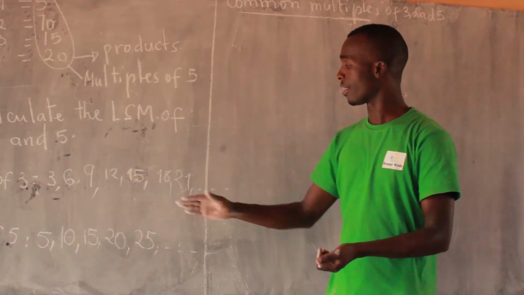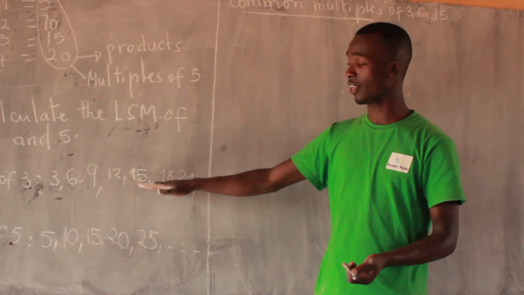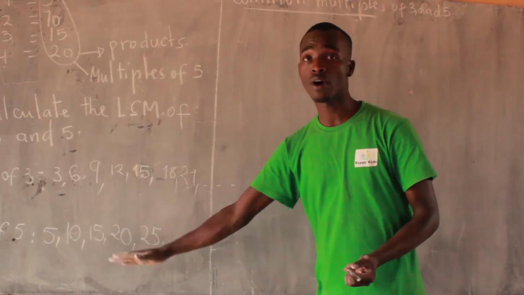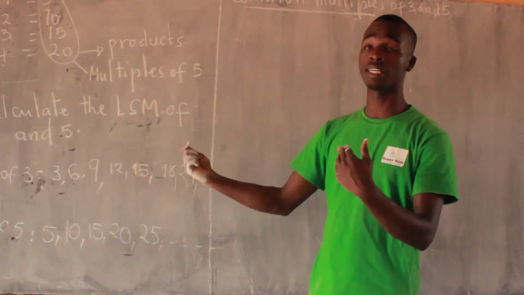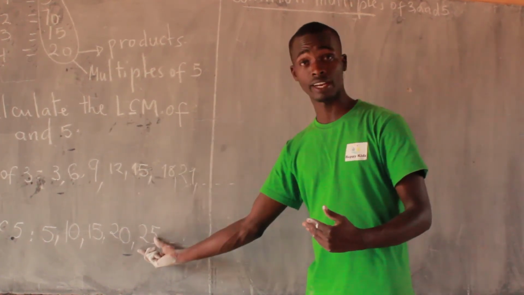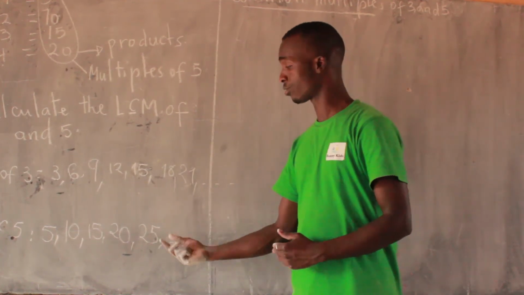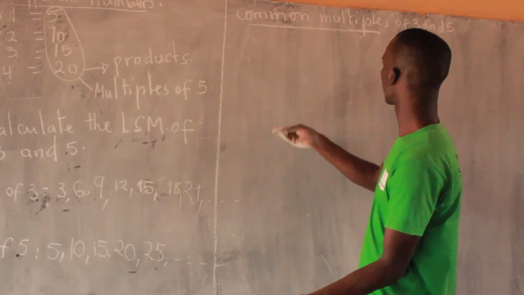It means that a multiple is found in the set of multiples of 3 and is also found in the set of multiples of 5. So what are those multiples?